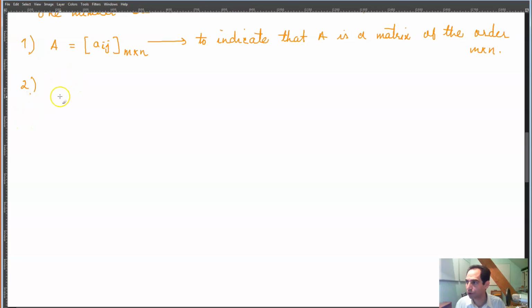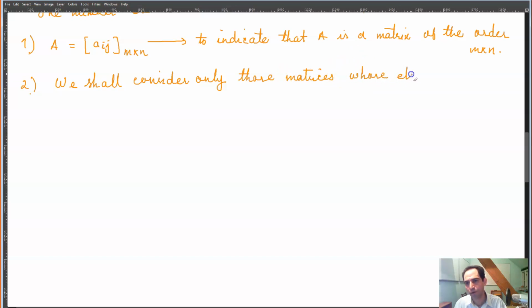And note 2: we shall consider only those matrices whose elements are real numbers or functions taking real values, meaning that we are not going to get out of the real numbers here, I suppose, right?